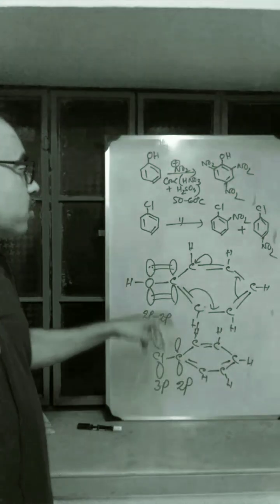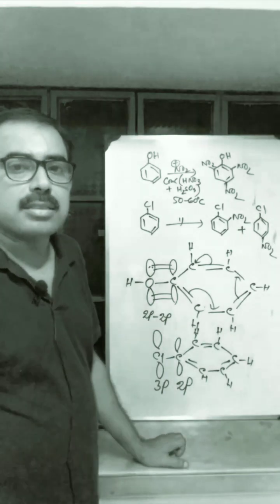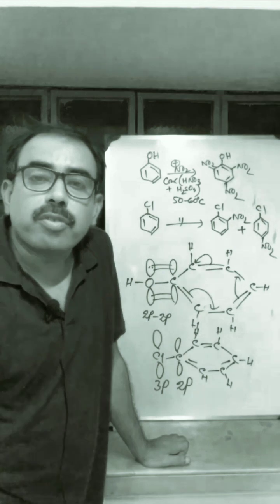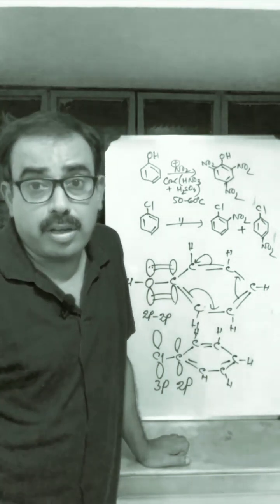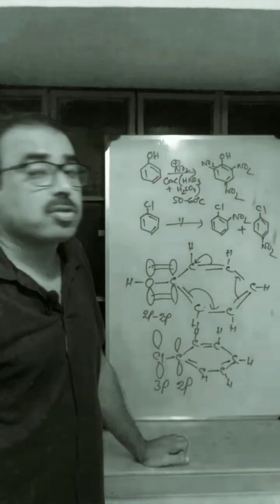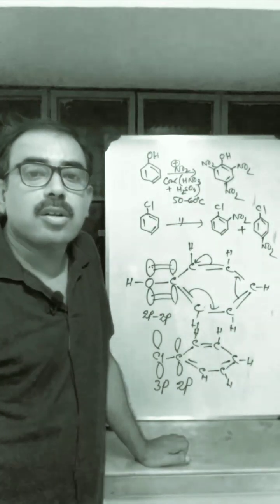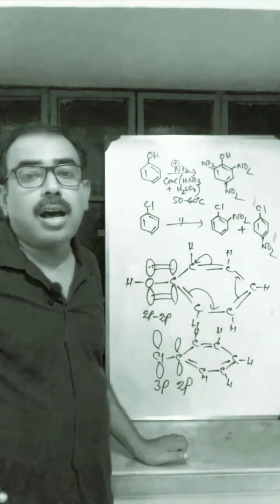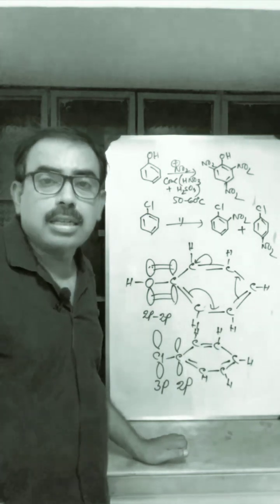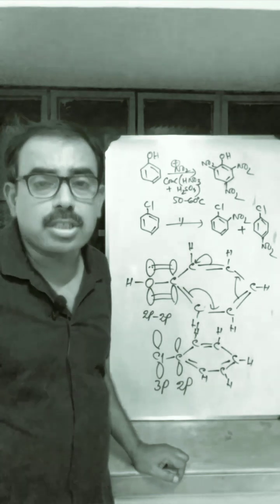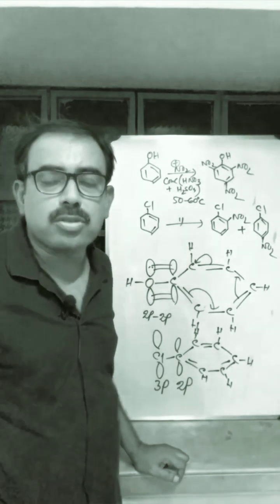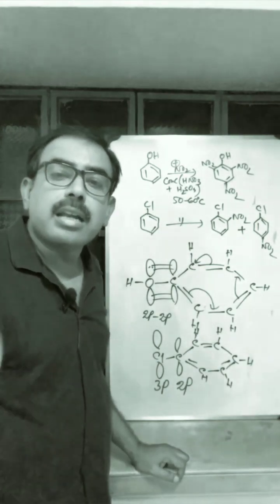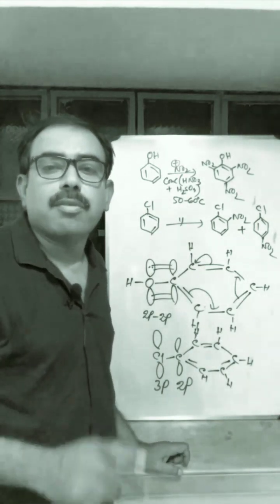That's why chlorine cannot activate the benzene ring to such an extent that 3 electrophiles may come at once. As we see in case of phenol or aniline, the delocalization of the lone pair of nitrogen or oxygen makes the benzene ring highly electron rich, or highly activated towards the electrophilic substitution reaction, so that electrophiles may come at once in every available position.